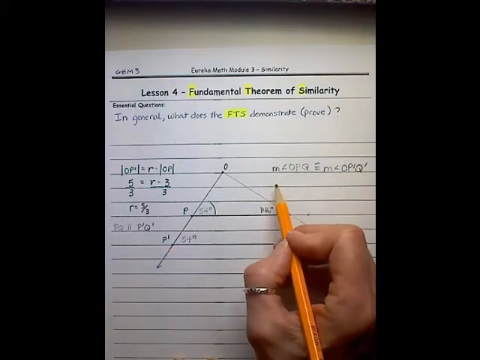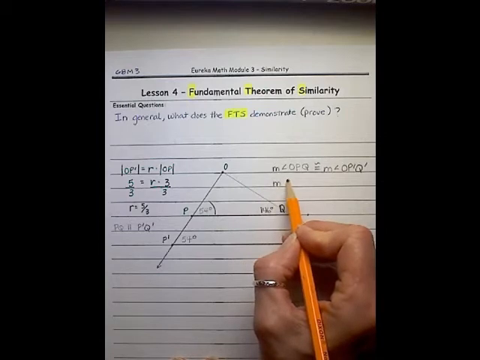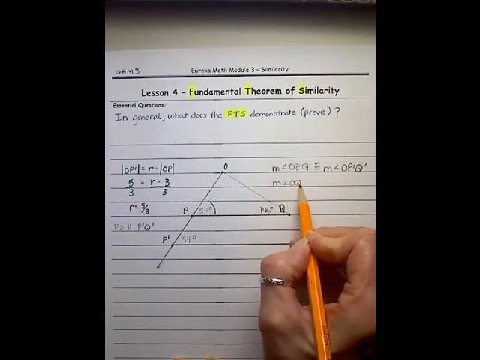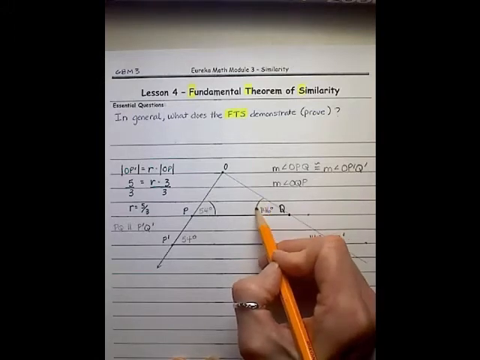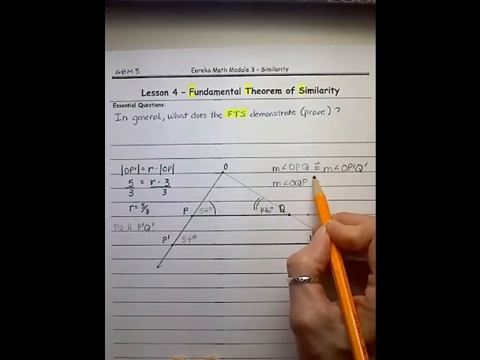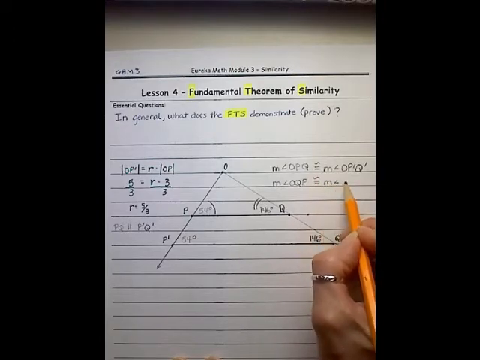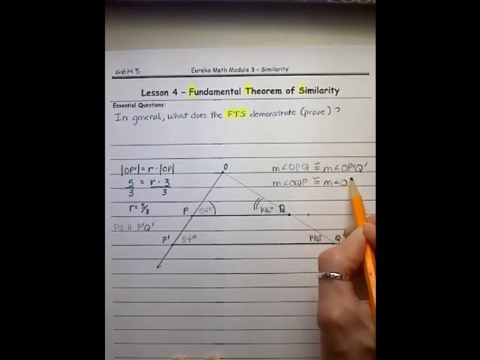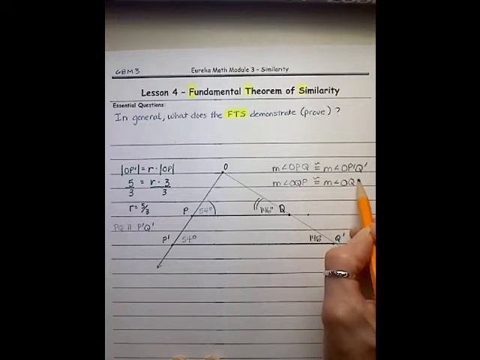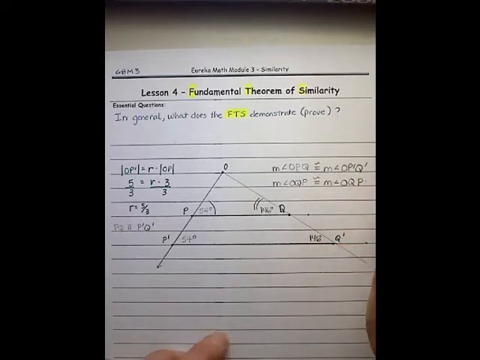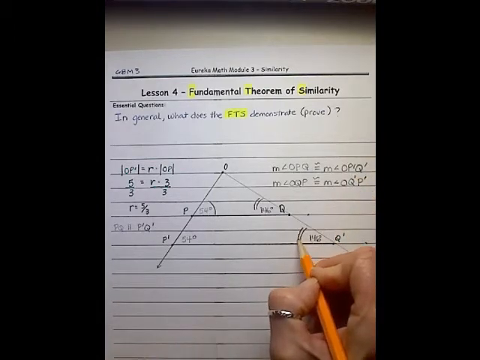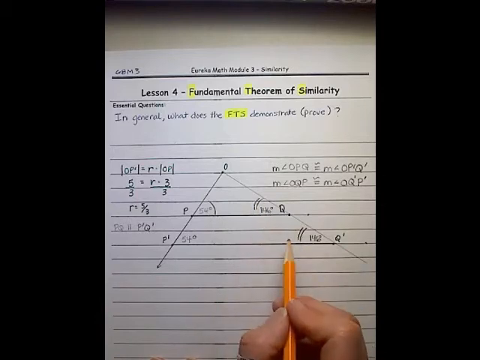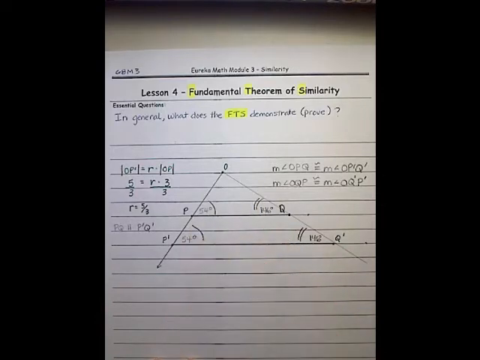And then the other pair was the measure of angle OQP, right here, and I'm going to show that with two arcs, and that was congruent to the measure of angle OQ'P'. And I show that with the two arcs, and then this with the one arc.